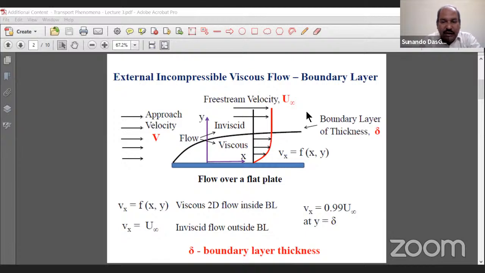Ideally, Bernoulli's equation is valid for a frictionless fluid. So Bernoulli's equation can be written for any 2 points in the free stream, and let's say that it's horizontal, so the gravity effects will cancel from both sides.